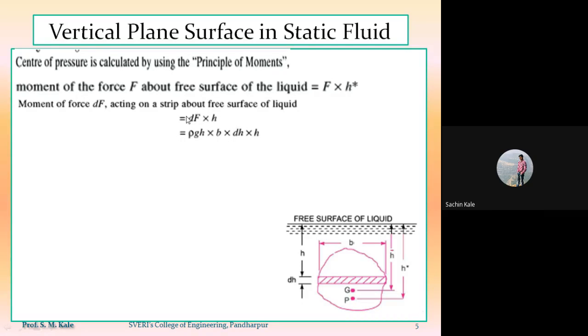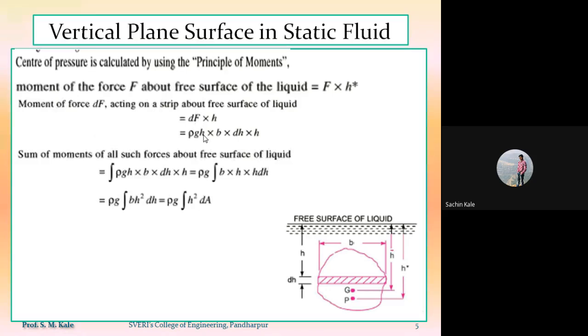So this is the moment of a single force, but we have to take the sum of moments of all the forces. As this vertical object consists of a number of small strips, the moment of all the forces acting on the small strips can be calculated by taking the integration of this equation, that is, by integrating the moment of force dF acting on a single strip. So the sum of moments of all such small forces acting on all the small strips about the free surface of the liquid will be given by taking the integration of this equation.